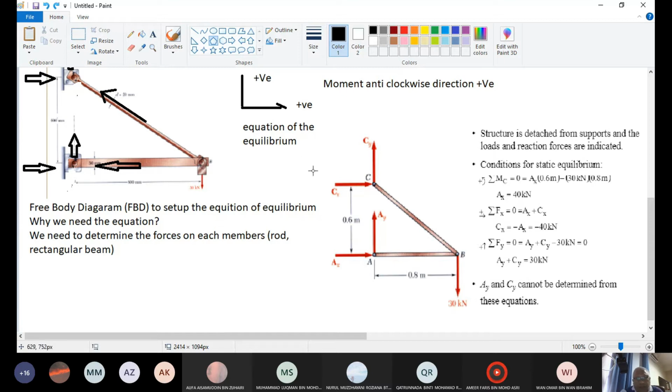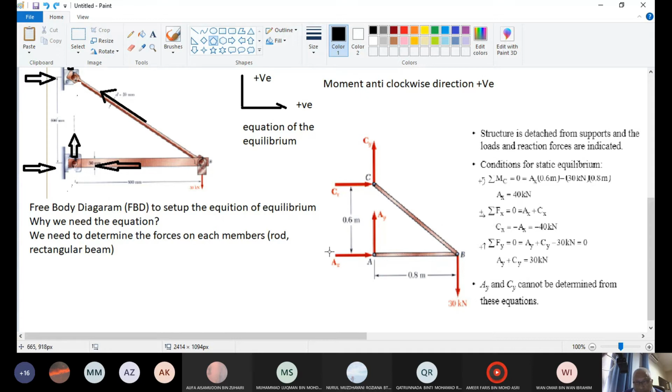Before that, you need to label points. This is point A, this is point B, this is point C. Before you start the free body diagram, identify the points. So the reaction here is Ax, and the reaction over here is Cx.